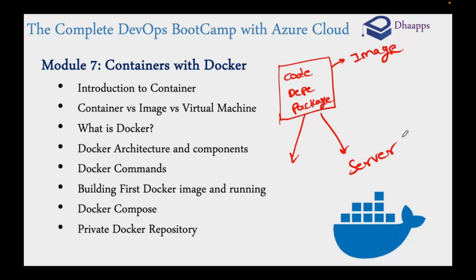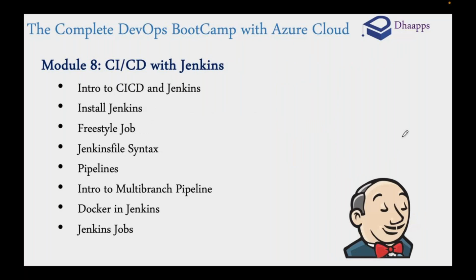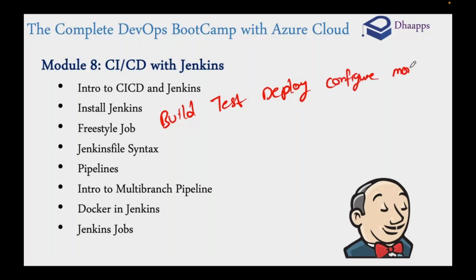Okay. Now in the next module, we will see Jenkins, how to automate the DevOps pipeline from building to testing and deploying, configuring, monitoring. All this can be done using CI/CD pipelines.